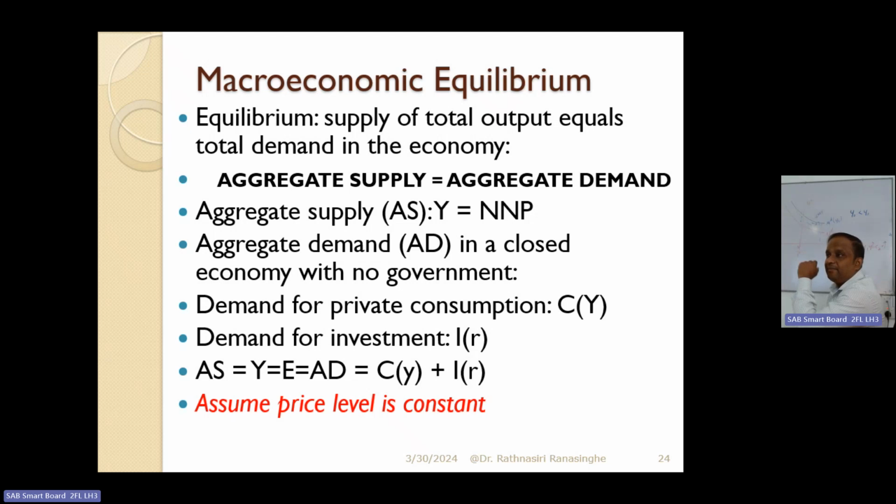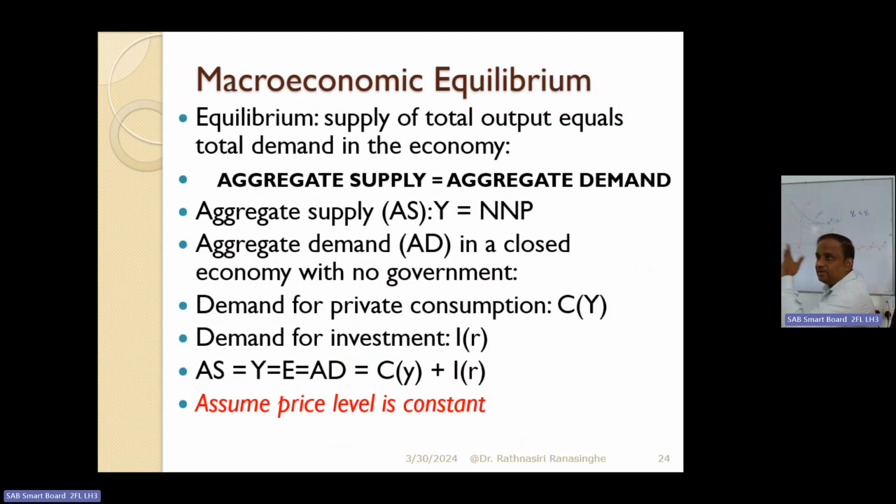Earlier we mentioned the income approach. According to the income approach, part of the income you consume and the other part you save. Here, according to the expenditure approach, part of the income you consume and the other part you invest. And initially we assume the price level is constant. There are models that we explain under flexible prices as well.